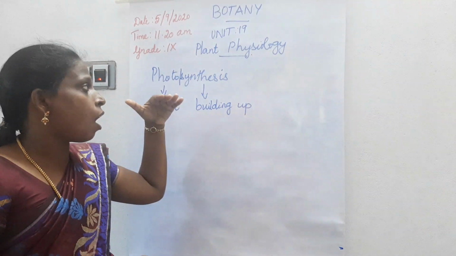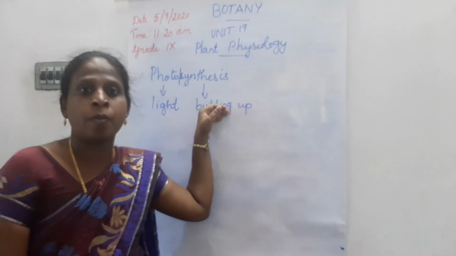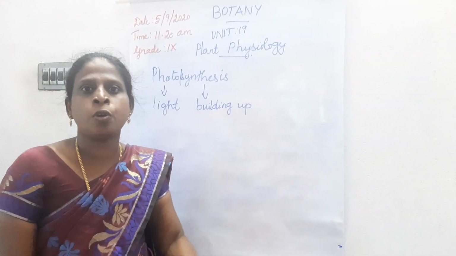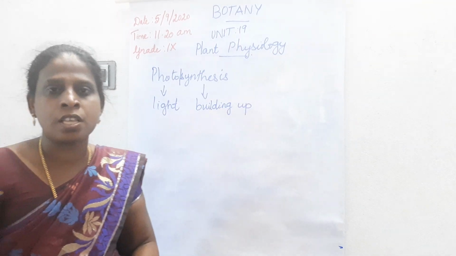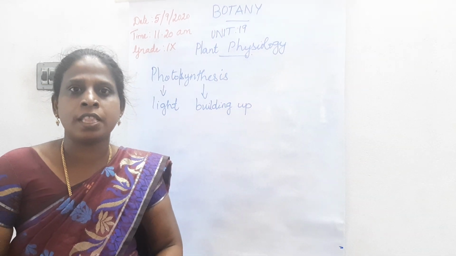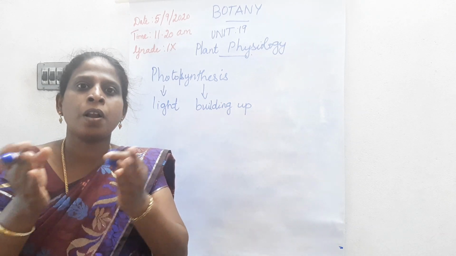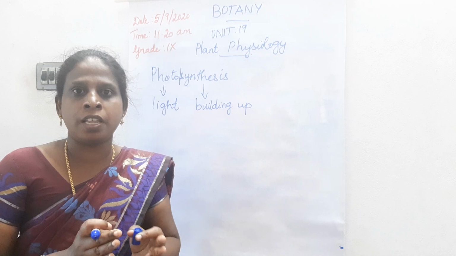The autotrophic mode of nutrition is followed by green plants. We all know the plants are producers. They prepare their own food by the process of photosynthesis. All the other living organisms depend upon these green plants for their food.